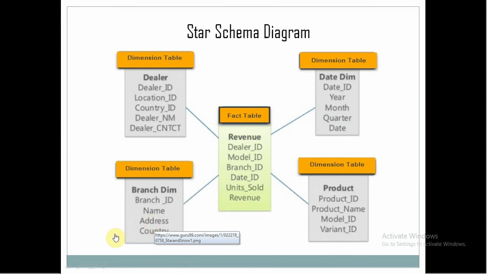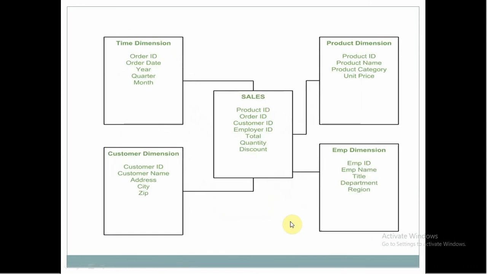The fact table is comprised of a composite primary key, which is the combination of the dimension tables' primary keys. The non-key columns, units sold and revenue, are the facts we are interested in, and dimensions such as product name allow us to understand more information about the goods sold.